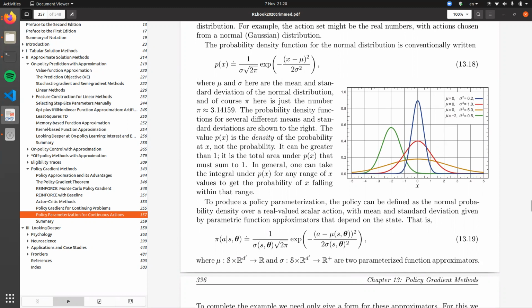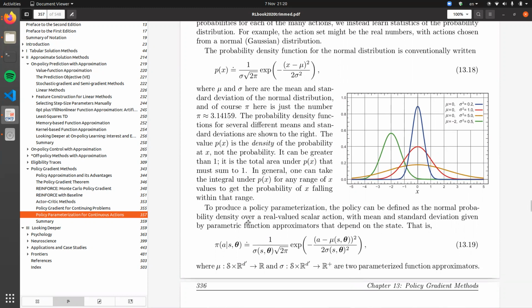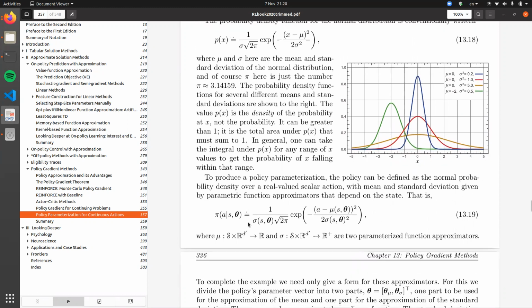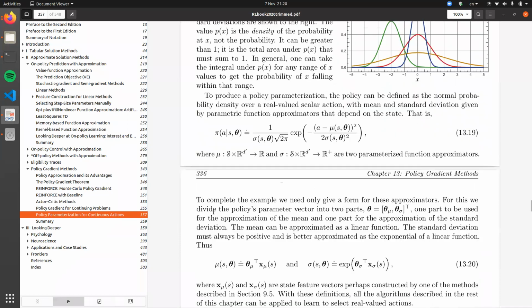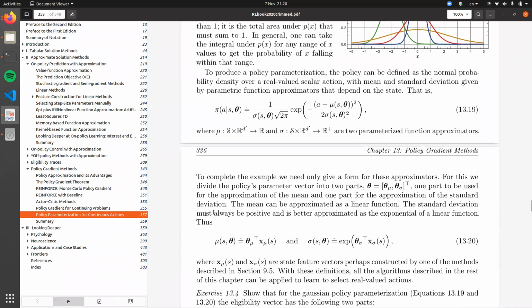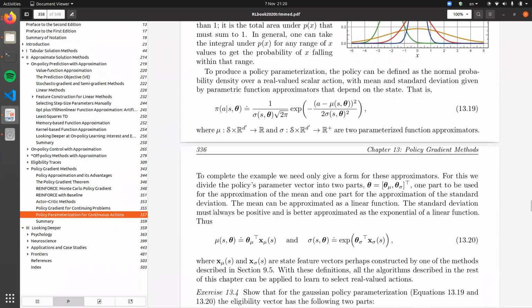Essentially, it's simple to imagine a neural network that outputs mu and sigma for a distribution, which we can then use to parameterize a Gaussian and sample from it. That's quite straightforward.